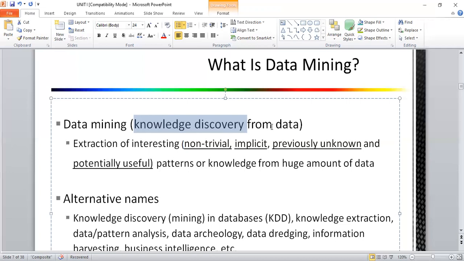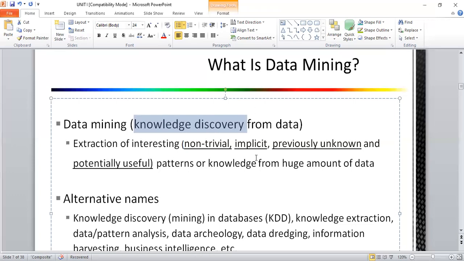What do you mean by interesting? Which is previously unknown, that means novel information, which is non-trivial, which is basically simple, in an understandable format, and which is potentially useful. Those kinds of patterns, that kind of knowledge, that kind of information we are trying to extract from a huge amount of data. That is called data mining.